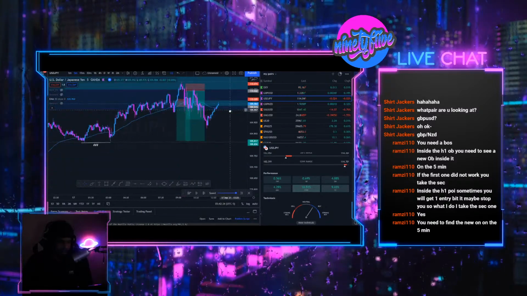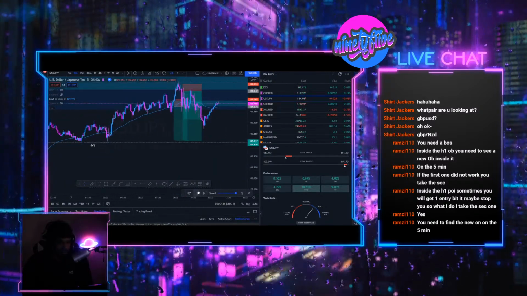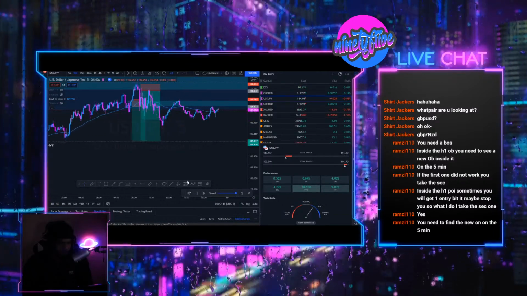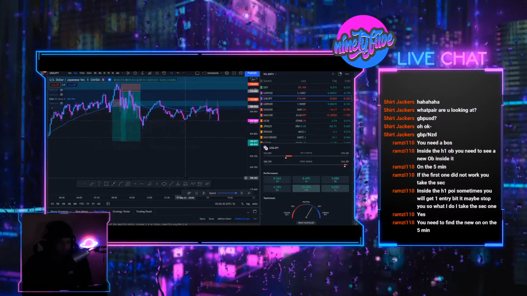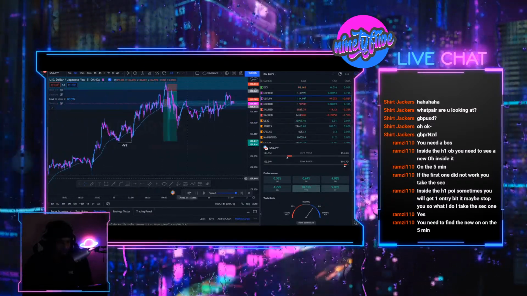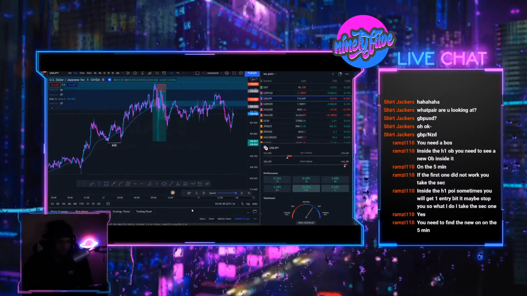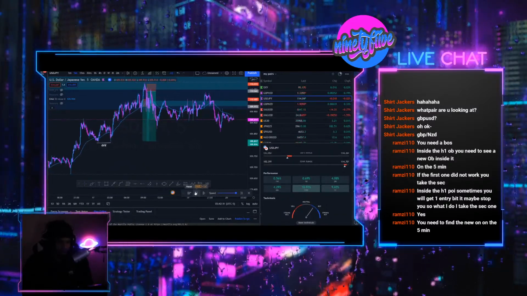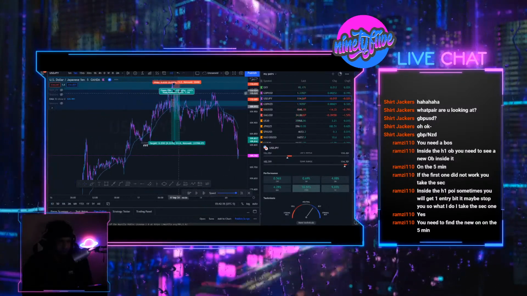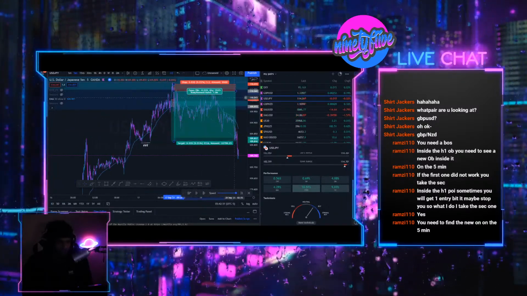Let's see. Let's see what it hits first, take profit or the stop loss. Just targeting liquidity down here. I think we're going to get stopped out first. Consolidating heavy. Take profit hit. Took a minute to play out though.